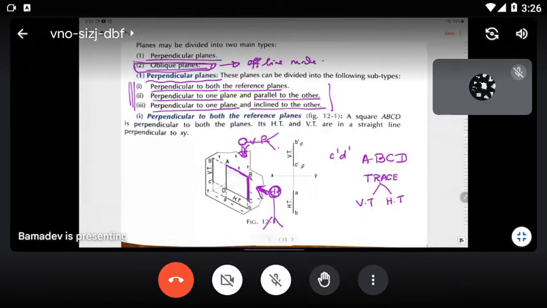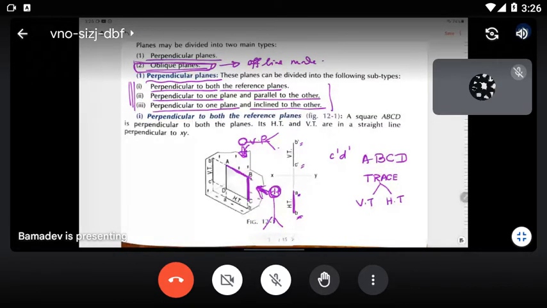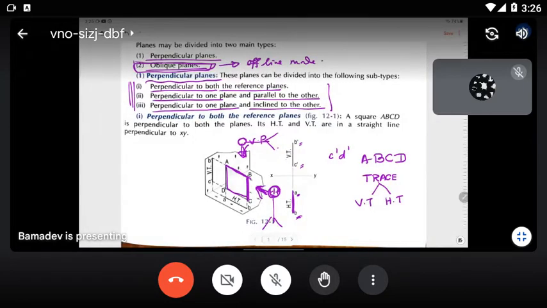So this becomes your top view, with the name AB, and at the same time this is also the horizontal trace, because this plane is intersecting the horizontal plane here.